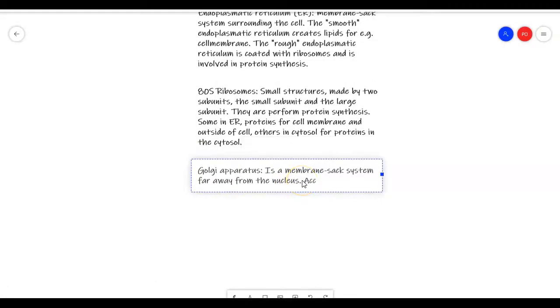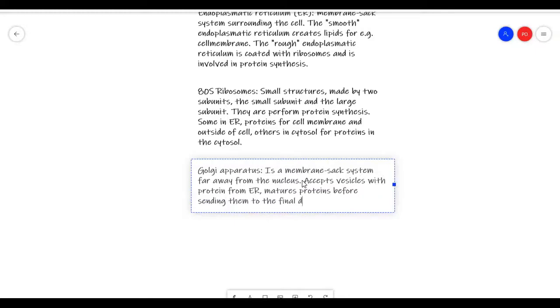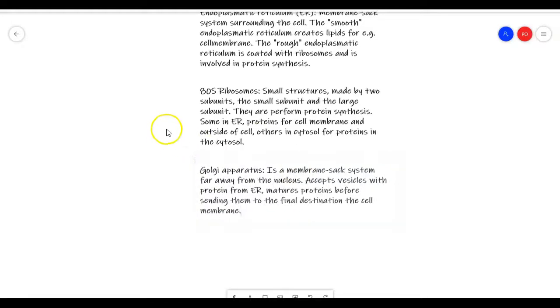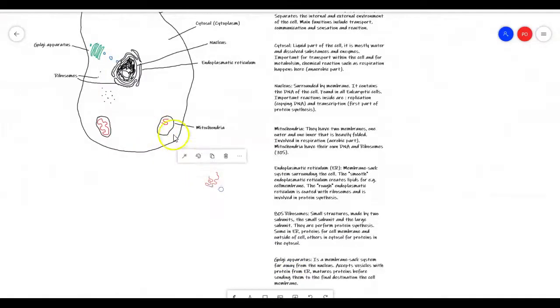So it accepts vesicles with protein from the ER, and matures proteins before sending them to the final destination, the cell membrane.